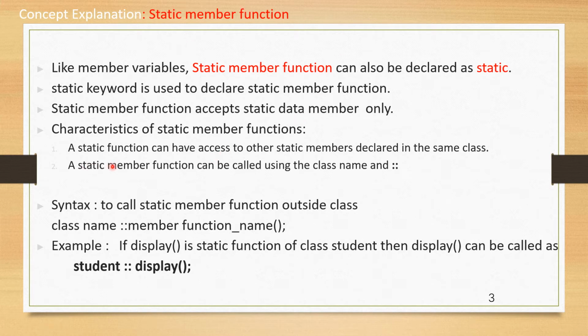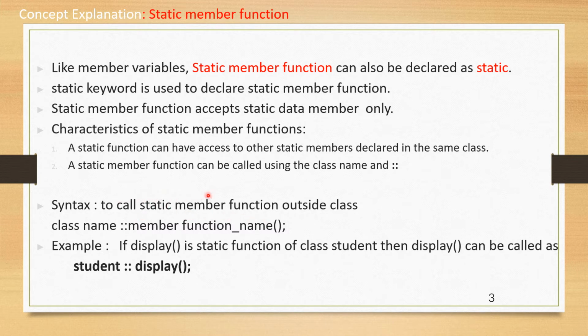And how will you call the static member function? A static member function we can call with the help of the class name and scope resolution operator. You cannot call a static member function like a normal member function in your void main. For that there is one syntax: class name, scope resolution operator, member function name.